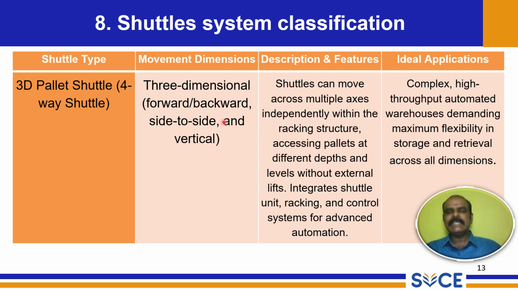That is where it is called three-dimensional. The shuttle can move across multiple axes independently within the racking structure, accessing pallets at different depths and levels without external lifts. It integrates shuttle unit, racking and control systems for advanced automation. So it suits complex, high throughput automated warehouses demanding maximum flexibility in storage and retrieval across all dimensions. So this is where it is highly used.